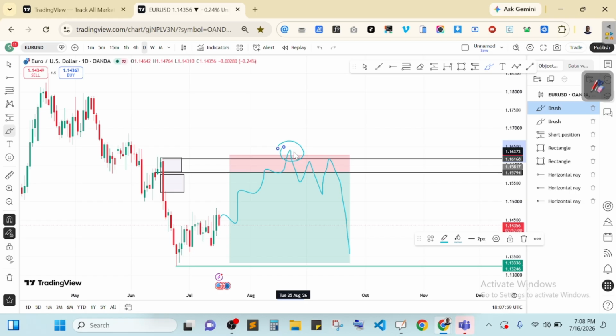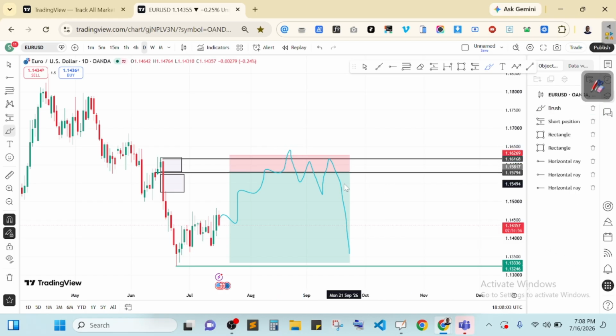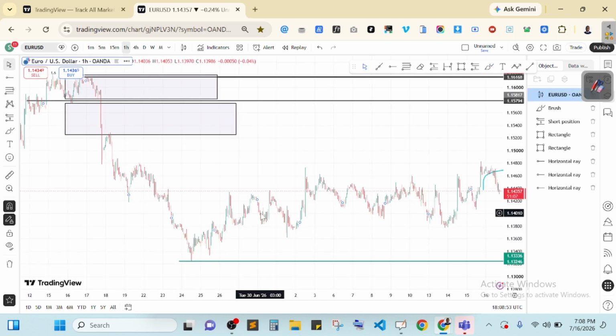Now, what are we going to do next? This is our signal, but that does not mean that the market will respect it. But we know that there's high tendency that the market will reverse at this level. So the next thing you are going to do is to go to 1 hour time frame. This is 1 hour time frame.